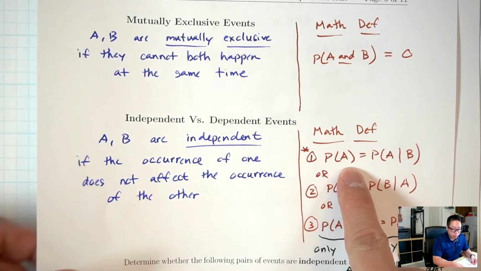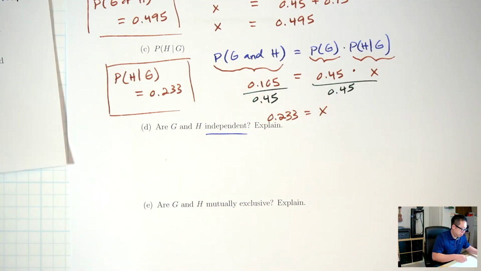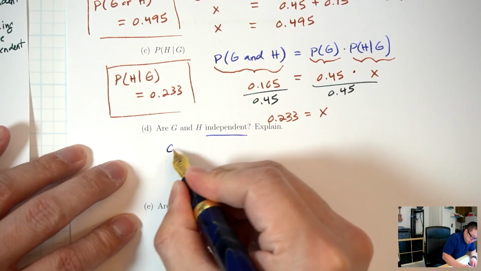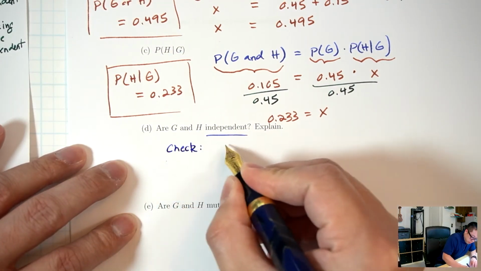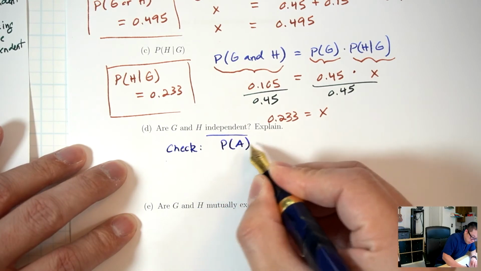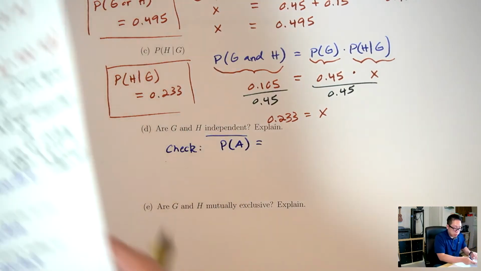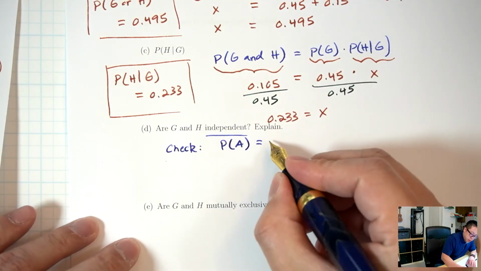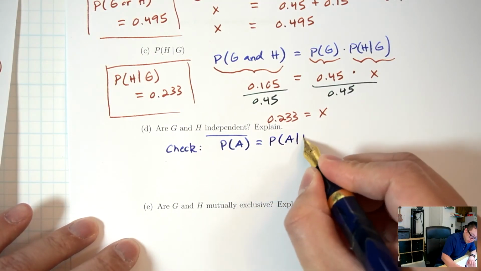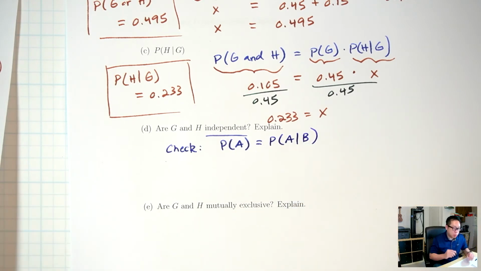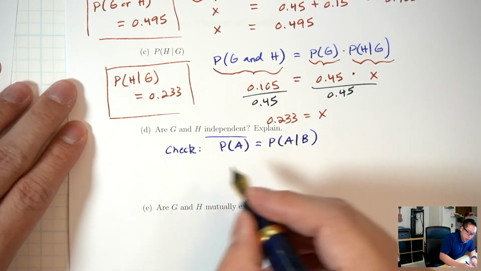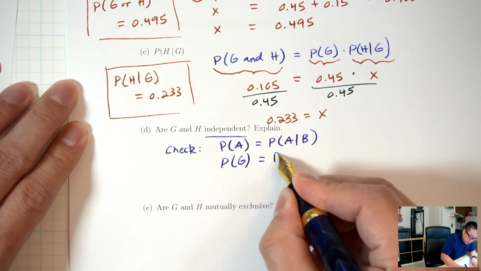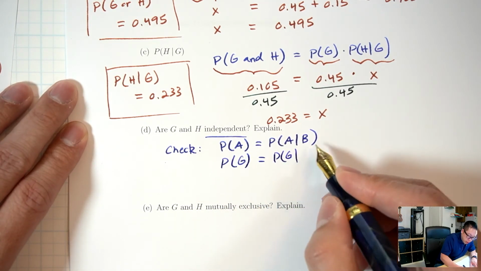So probability of A equals, and make sure you have the correct order, so it's A equals A given B. And then because this question involves G's and H's, let me replace the A's with G's and the B's with H's.